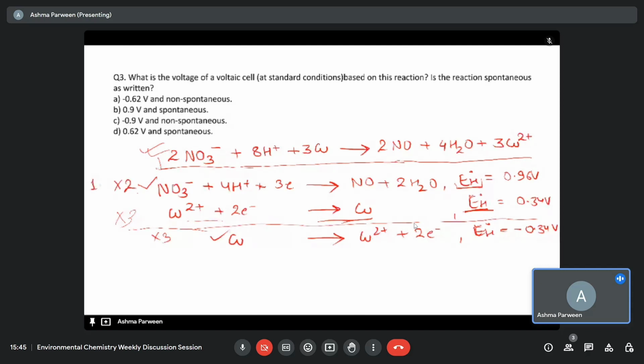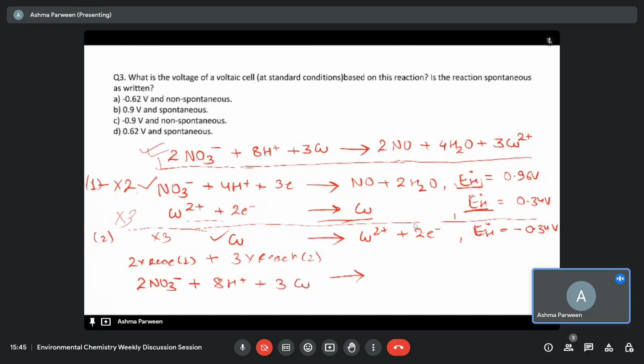So let's call them reaction number 1 and reaction number 2. So 2 into reaction 1 plus 3 into reaction 2. Then we will get 2 nitrate plus 8H plus 3Cu.